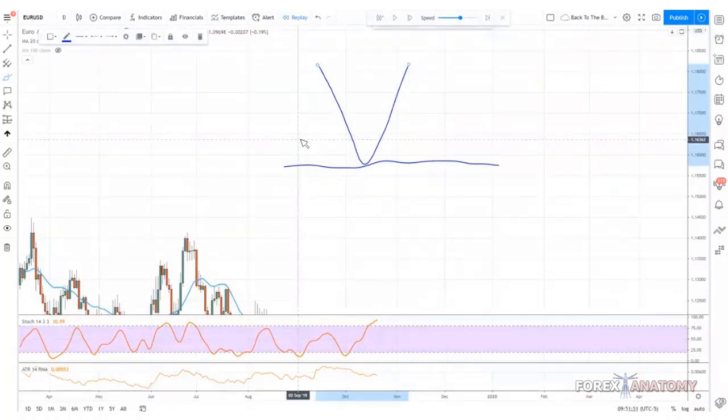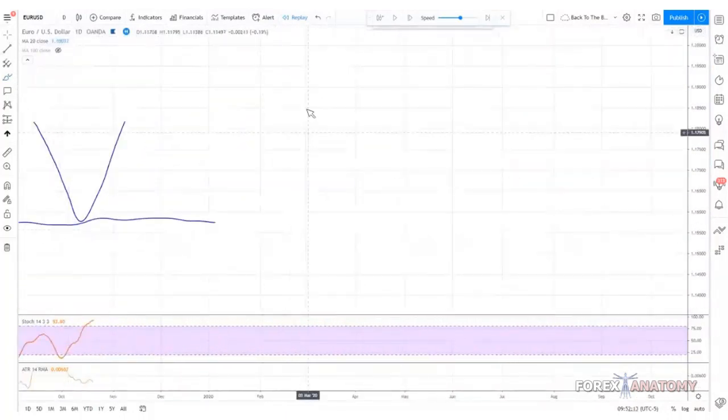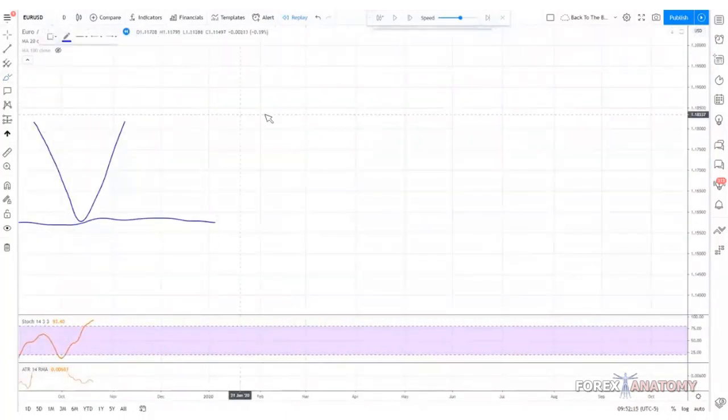So this is how support works. Whenever price hits support, which we would consider a floor, you'll typically see price bounce from support. So price will fall, hit support, and remember, support is like the floor, and they'll bounce from it, right? But we also have resistance, which acts as a ceiling.